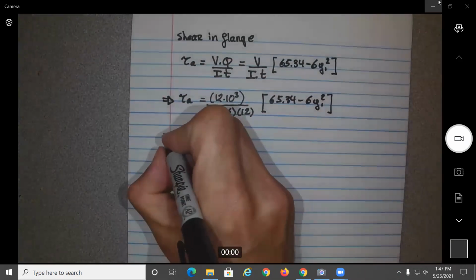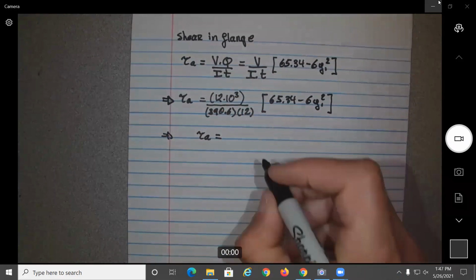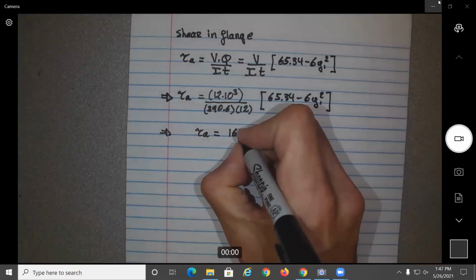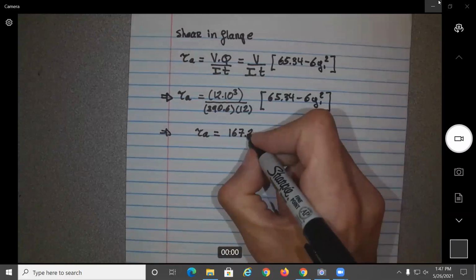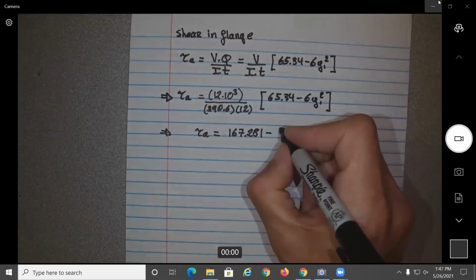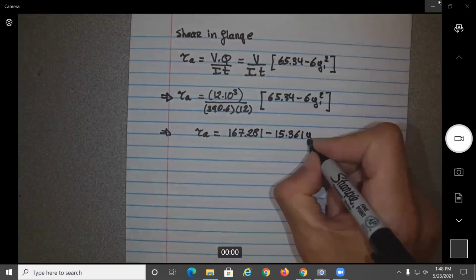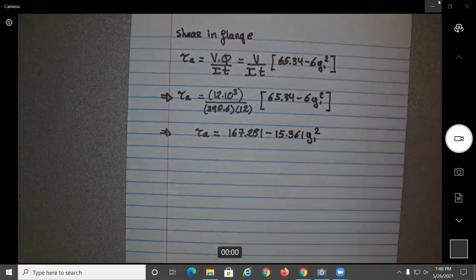So if you do the numerical application, you get that the shear stress at A will give you 167.281, if I didn't make any error, minus 15.361 y sub 1 squared.